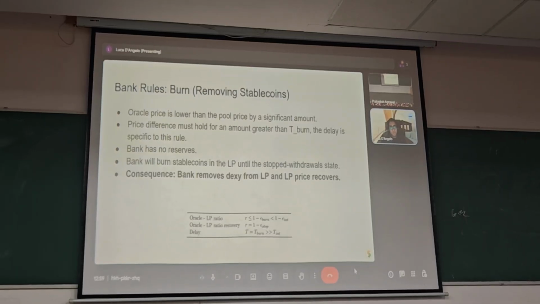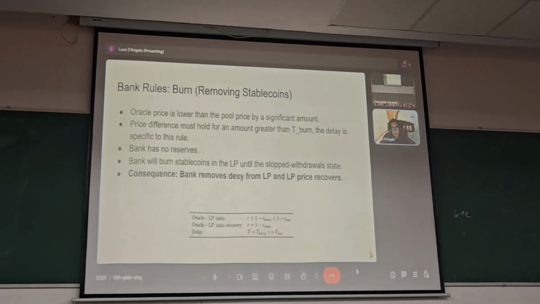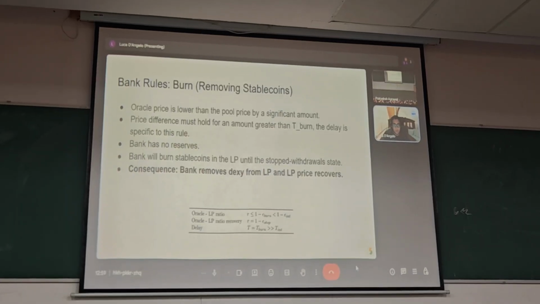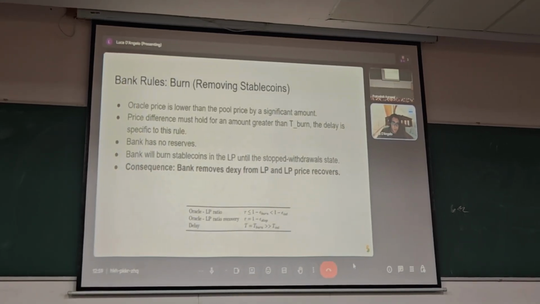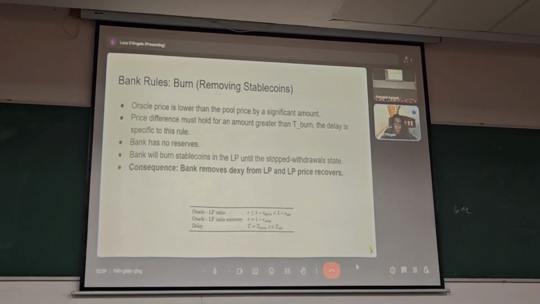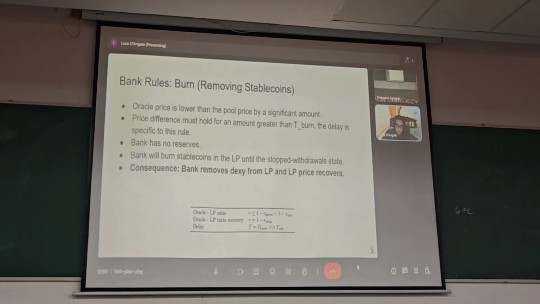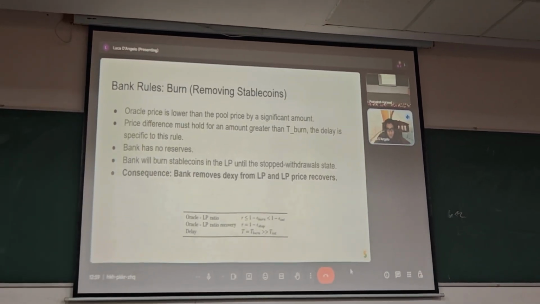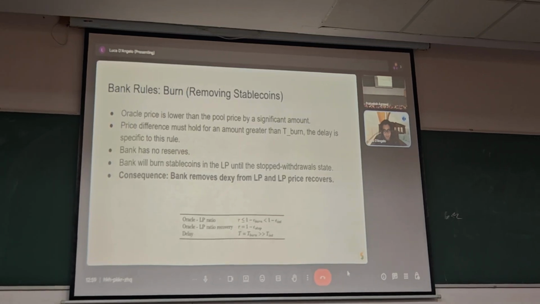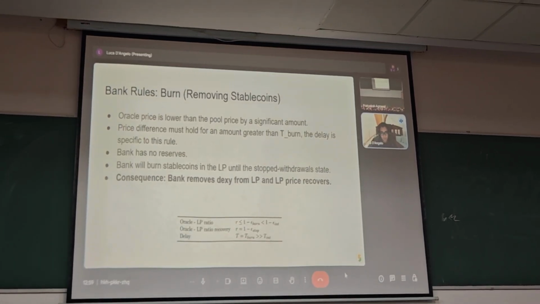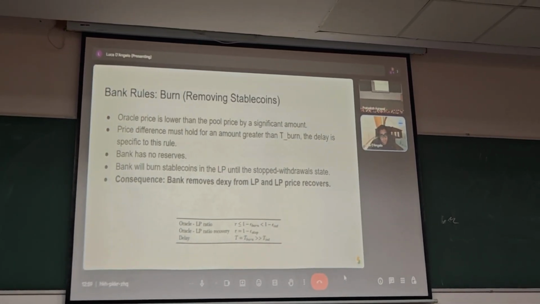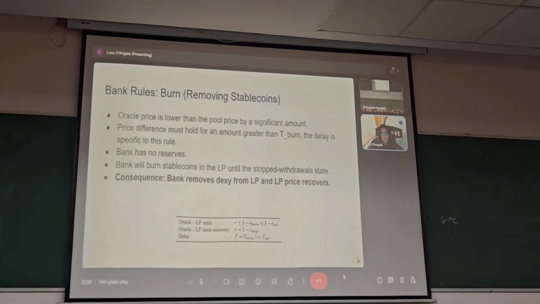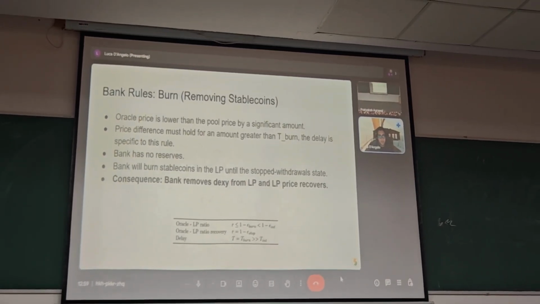And you want the burn period to be much greater than the intervention period, because again, it's a last resort. You want to make sure that maybe there was a natural stabilization from people just trading. As a consequence, the bank removes Dexy from the liquidity pool and the LP price recovers.